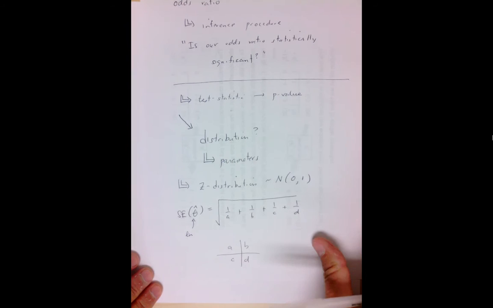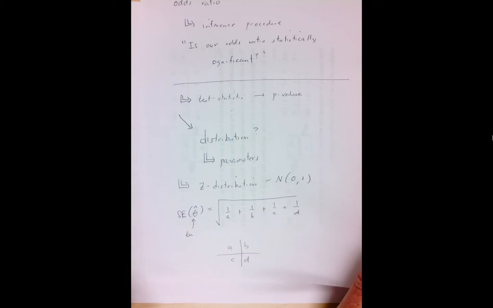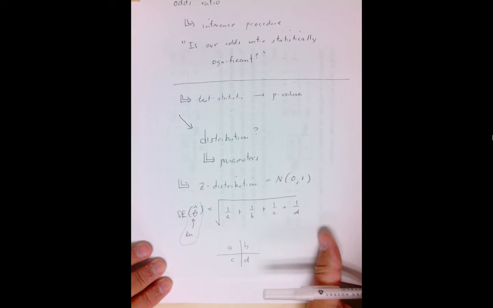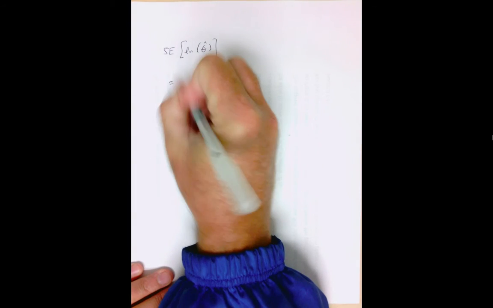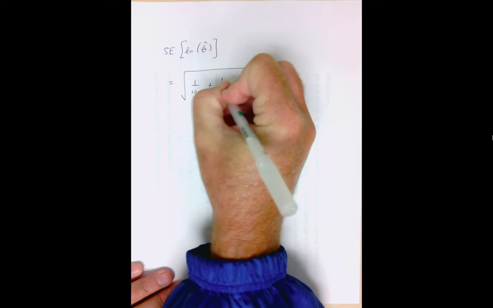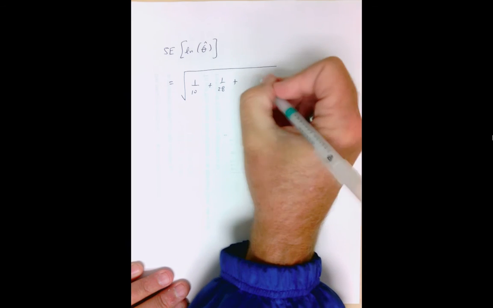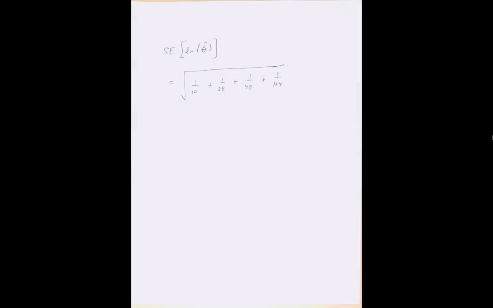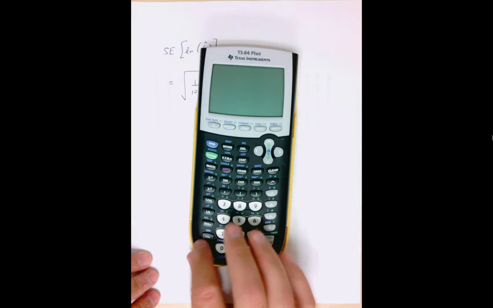This is the standard error for the natural log of the odds ratio. So we calculate the odds ratio, and for reasons that I explained before, we take the natural log of the odds ratio, and that's our focus because we end up with a centered distribution. So the standard error here would be the square root of 1 over 10 plus 1 over 28 plus 1 over 48 plus 1 over 114, which is going to be super easy to find.